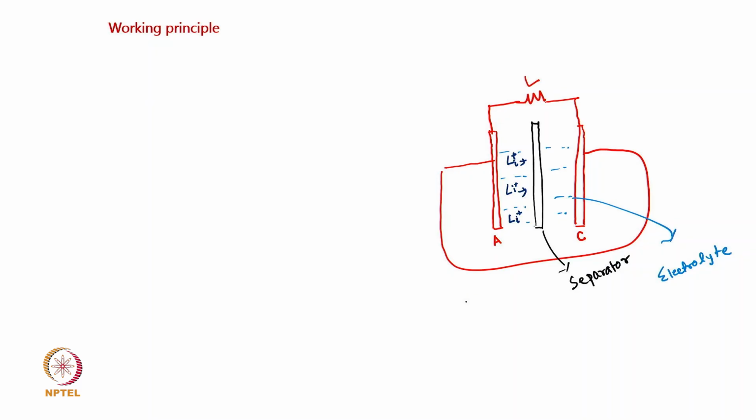As soon as we connect a load, the de-intercalation process starts, and along with that the electron flows in the outer circuit towards cathode. Okay. So, on its journey from anode to cathode through the outer circuit, it gives power to the load.